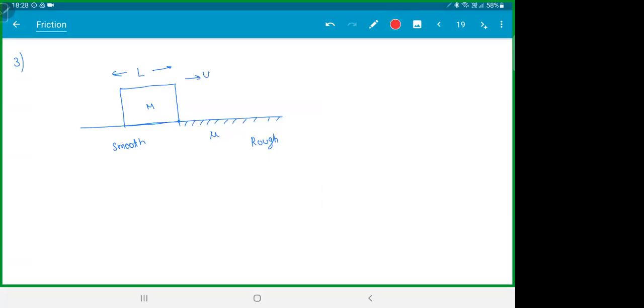So the right side of the surface is rough and the left side is smooth. Initially it is given speed u. Find the distance traveled by the block before it stops.